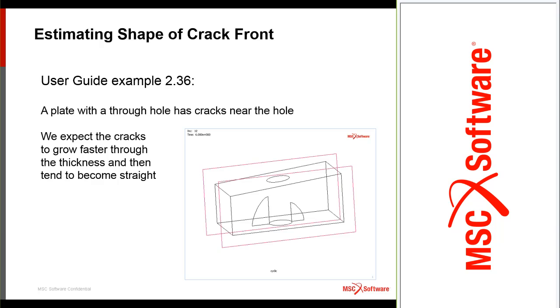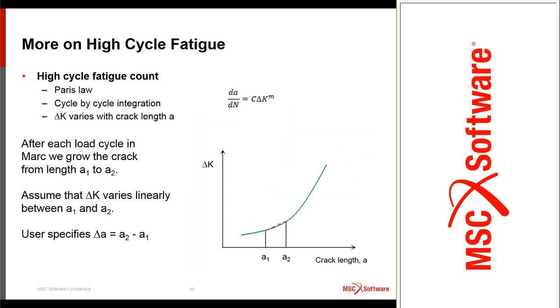Next item here is the high cycle fatigue, how we do the cycle count, which is a very important aspect of the fatigue. So what we use is Paris law, and the simplest form of Paris law is shown to the upper right here.